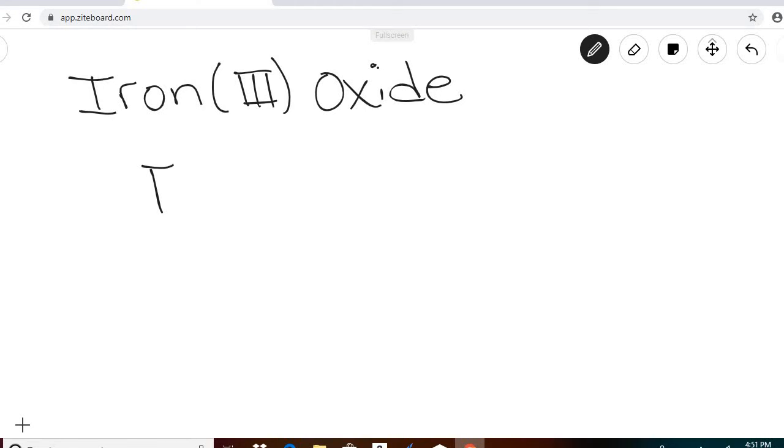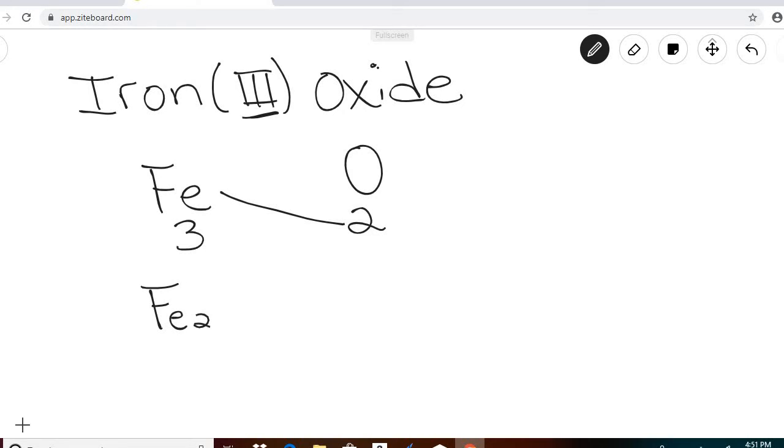So iron is Fe, and the Roman numeral tells us that the charge on the iron is 3. And then oxygen is in group 6A, so it would gain 2 electrons, and its charge would be -2. So we switch the charges, the iron gets the 2, so it would be Fe2O3.